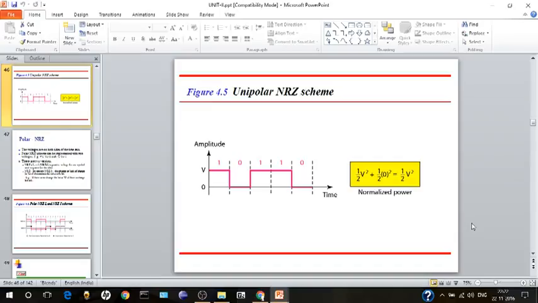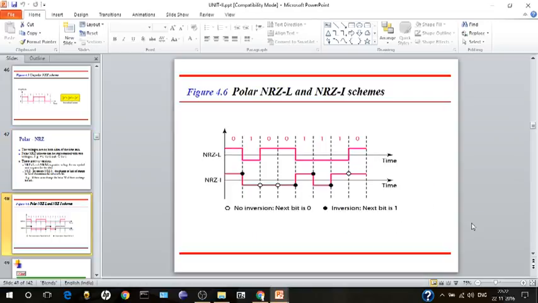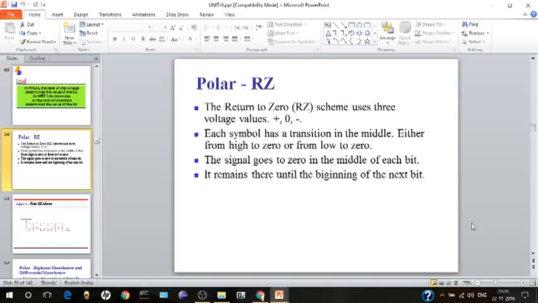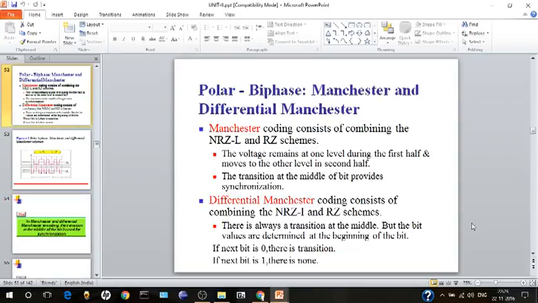Now coming to polar NRZ, you'll understand easier by looking at the graph. These are the graphs for I and L. If you need a detailed explanation, you can watch my other video. The link is in the description.